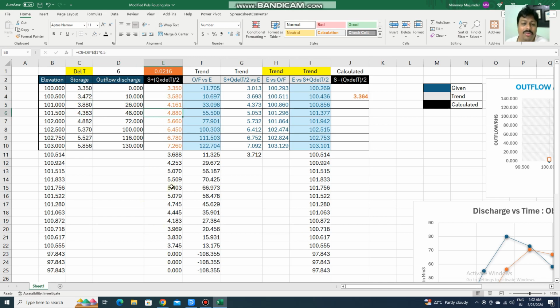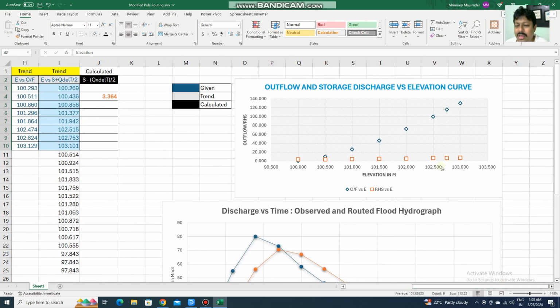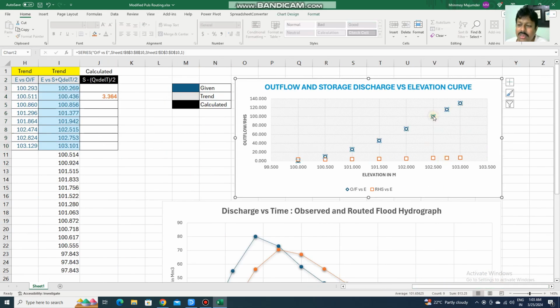After doing that, you have to draw two graphs. One graph is the outflow versus elevation graph. This will be Y, and this will be X. This is what is known as the first graph, outflow versus elevation.